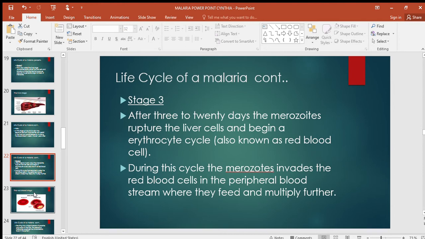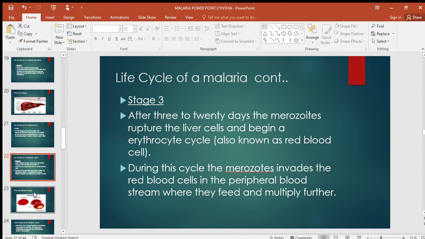When it comes to stage 3, after 3 to 30 days, the merozoites rupture the liver cells and begin the erythrocytic cycle, also known as the red blood cell cycle. So in stage 3, the merozoites have ruptured the liver cells, gone into the bloodstream, and started the erythrocytic cycle.